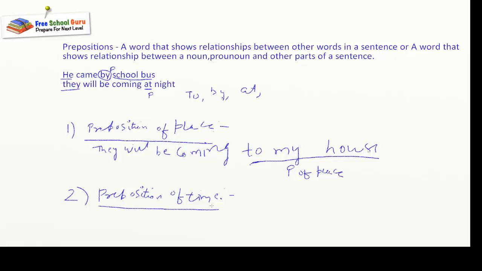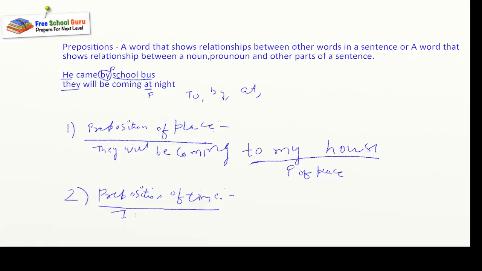Preposition of time essentially refers to the time in the sentence. Again, simple. The word itself implies the meaning. I will be arriving at noon. So at noon is your preposition of time.